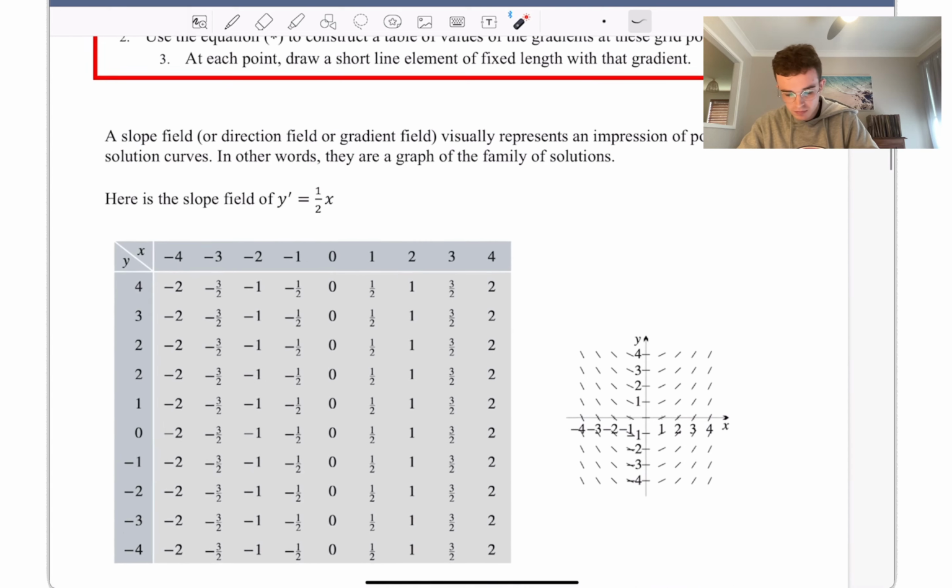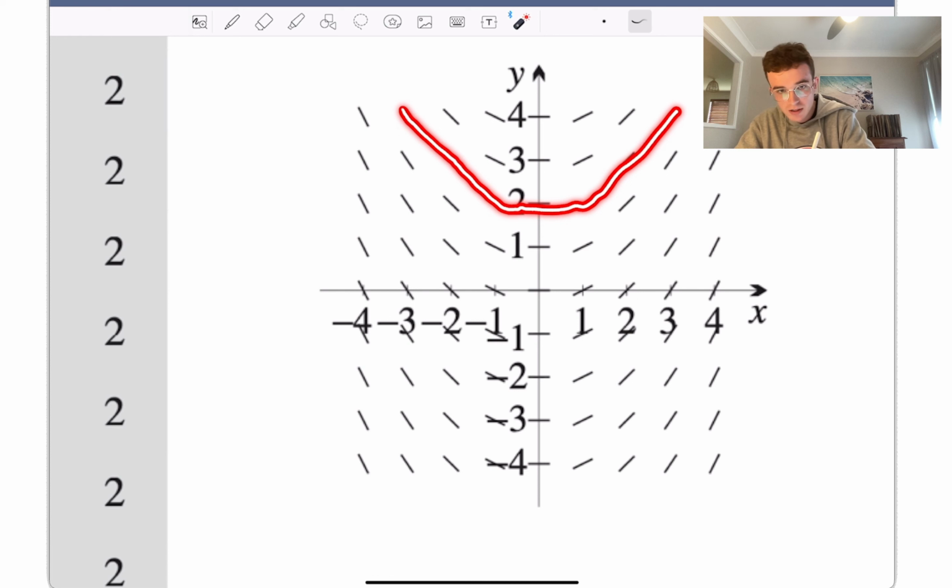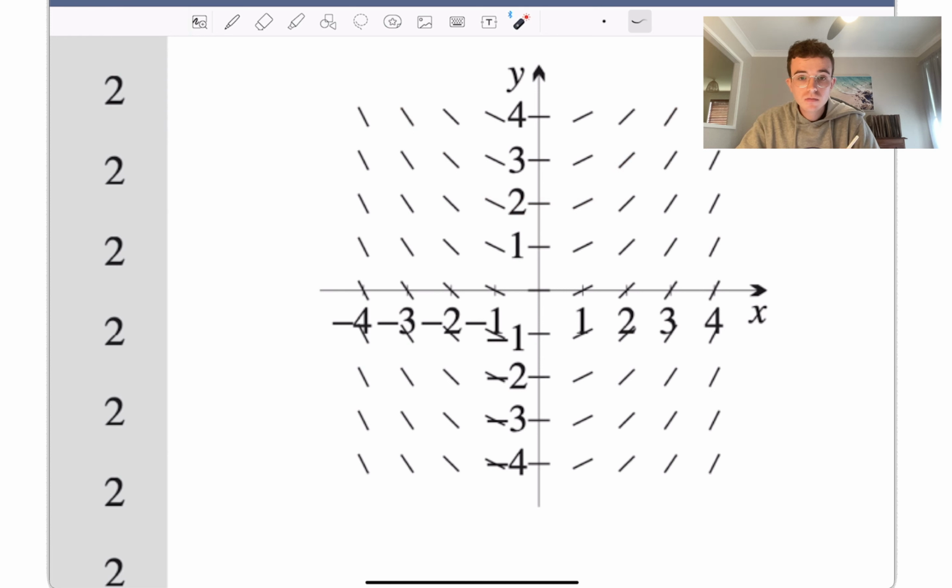Now importantly, with our direction fields, we're not connecting the dots. We're not going boom, boom, boom, boom. These represent gradients, which are the general shape of the graph.